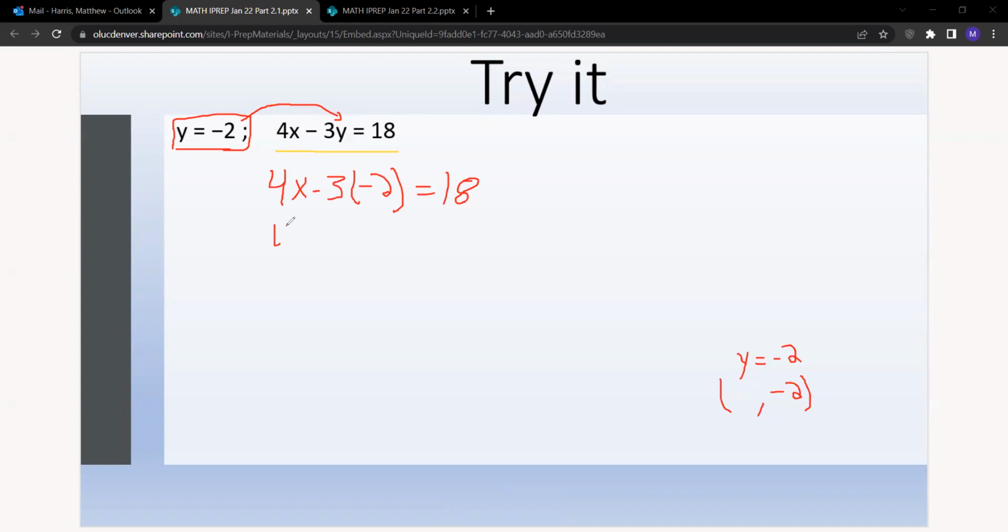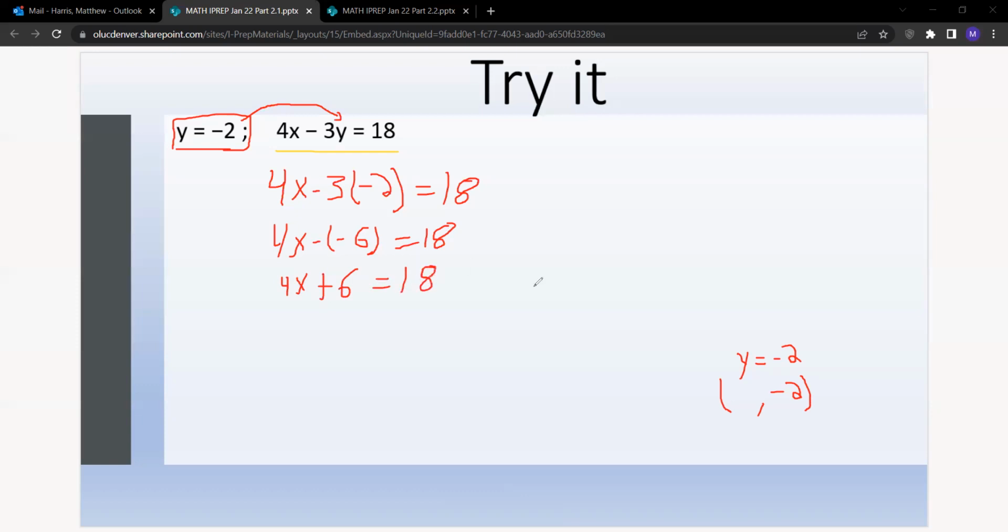We can simplify that, so it says 4x minus -6 equal to 18. We know that if we have two negatives next to each other, that makes a positive. So now we can go 4x plus 6 is equal to 18.